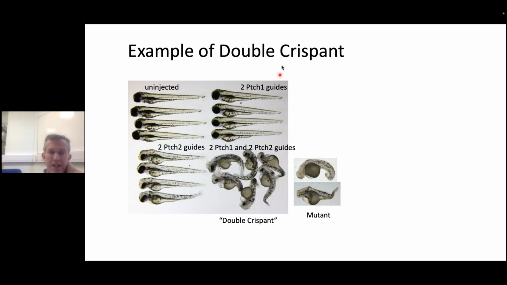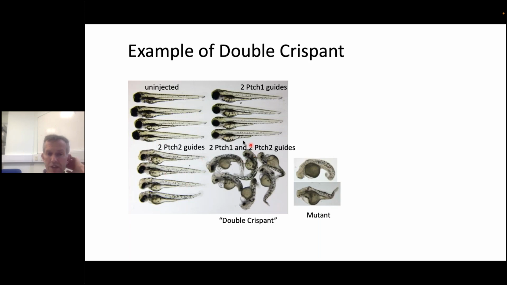Here you can see an example where I have created a double crispant. We made a crispant for 2 different genes. This is an uninjected set of fish. Here we injected 2 patched 1 guides. They have a very slight phenotype. It's hard to see, but I can kind of pick it out. These fish were injected with 2 patched 2 guides. They're a bit more affected still, but they look quite normal.